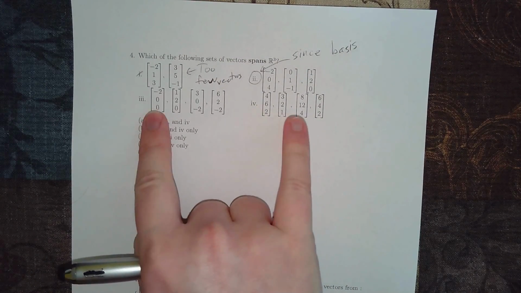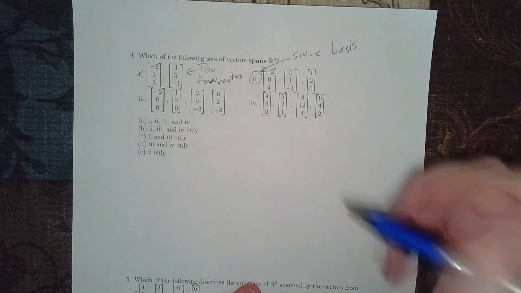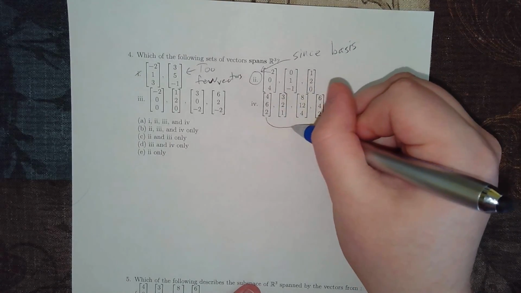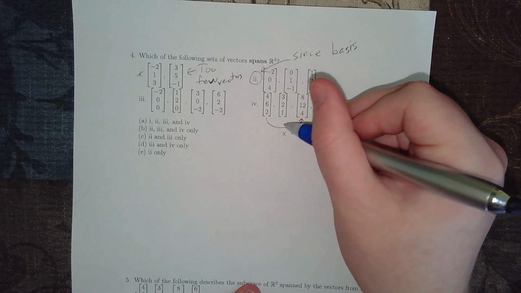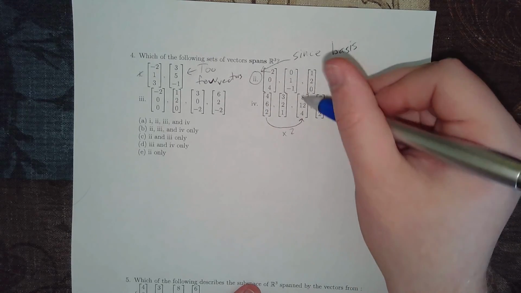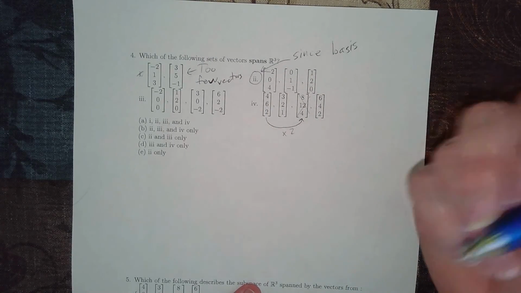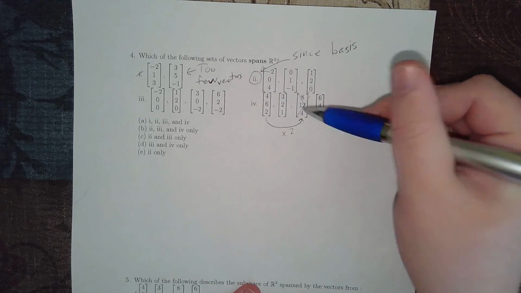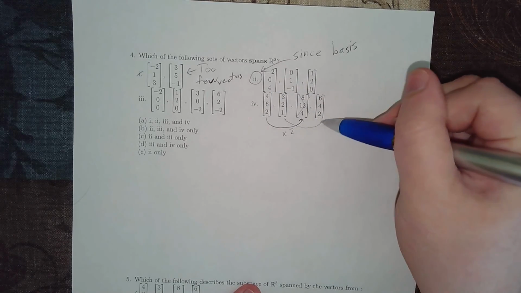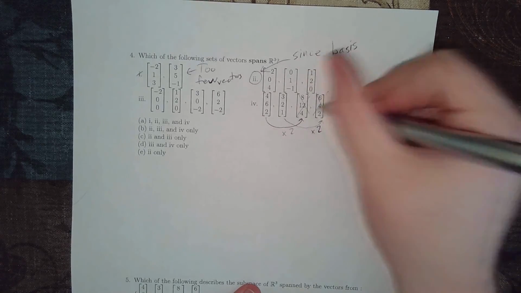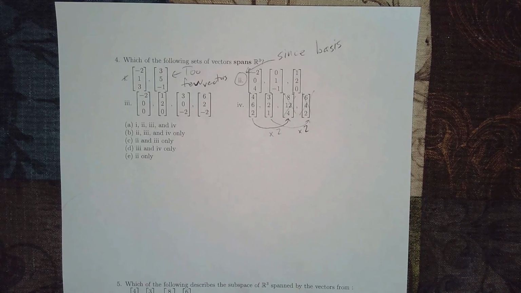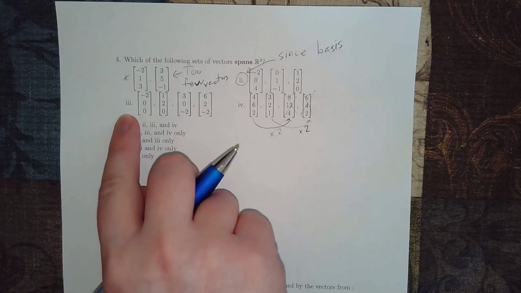And that just leaves 3 and 4. If you notice, going from the first vector to the third vector, if we just multiply the first vector by 2, we get this vector. So this is not going to help us span R3 anymore. And if we go from this vector to this vector, we're also multiplying by 2. And so this vector will not be a useful building block if we're trying to span R3. So 3 won't work, and 4 won't work.